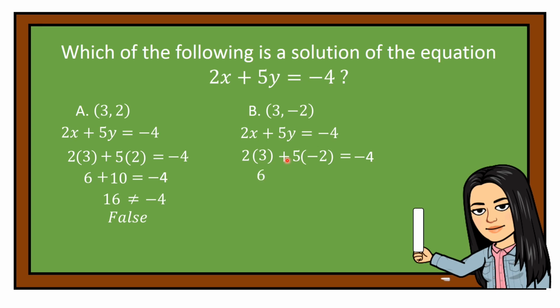So 2 times 3 is equal to 6 and 5 times negative 2 will be equal to negative 10. Copy equals negative 4.